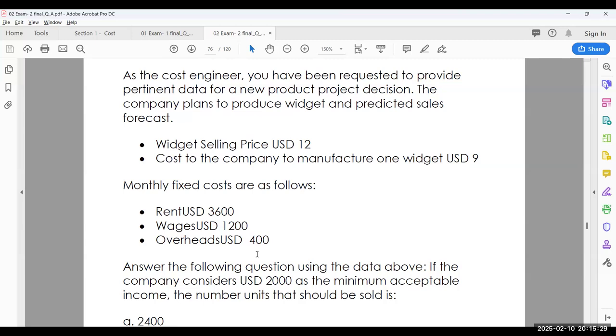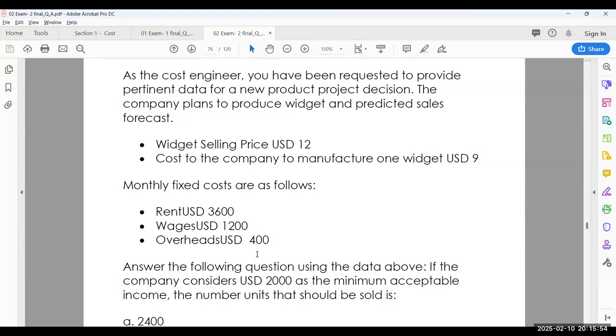I think the answer is 800. No, it's not, how did you calculate? I just calculated the revenue I will get from each selling.